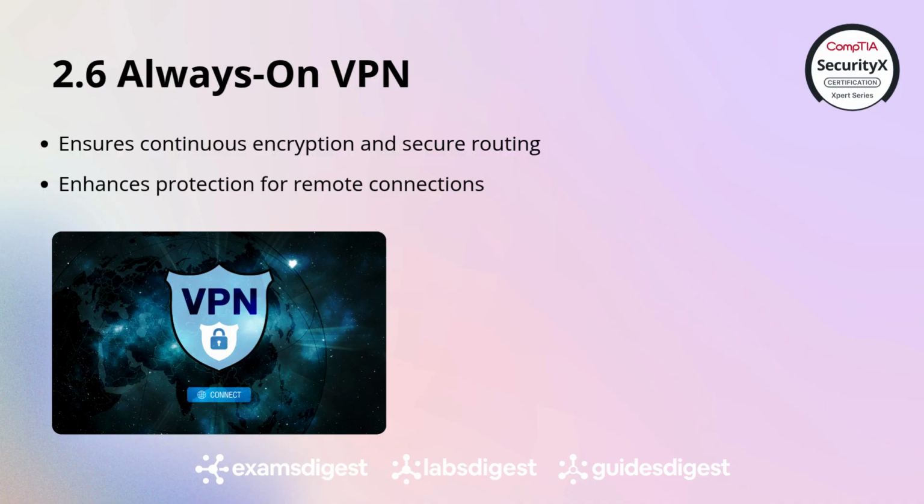An always-on VPN ensures that all network traffic is automatically encrypted and routed through the VPN, regardless of the user's location or device. This continuous protection helps prevent unauthorized access and ensures that data remains secure even when users are accessing the network from remote or public locations.